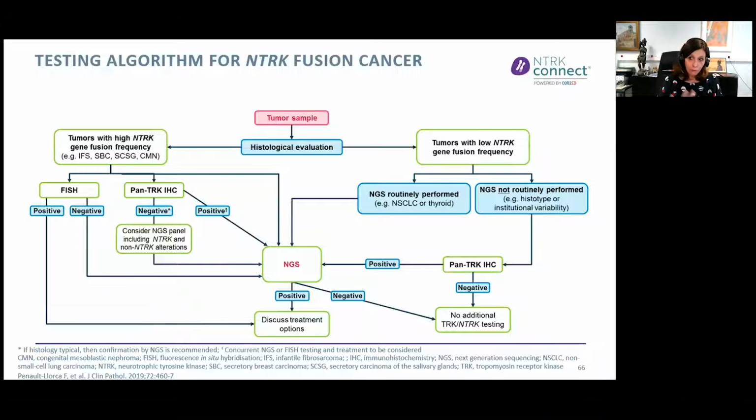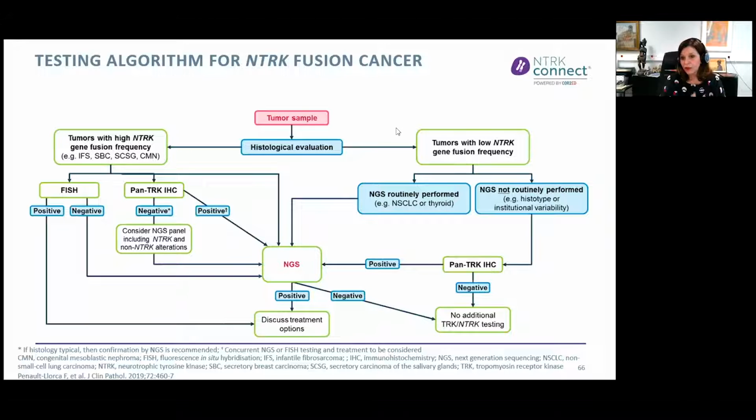For the other tumor types, it will depend on what is the strategy, the diagnostic strategy today. And we know that we had guidelines from ESMO, for instance, for the use of NGS in routine. And it's not recommended for many tumor types, but it's, for instance, recommended for lung cancer. So if we perform NGS routinely, we need to add to our NGS routine the possibility to screen for the fusions.